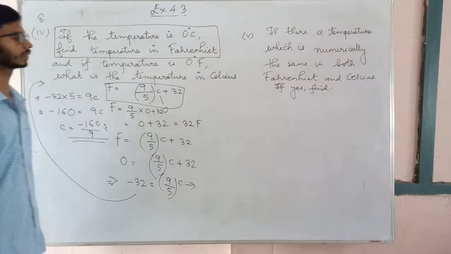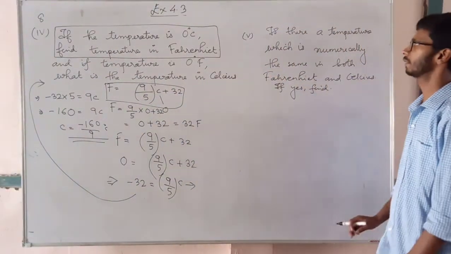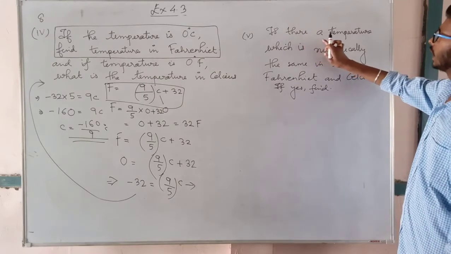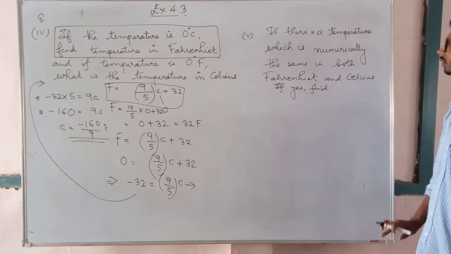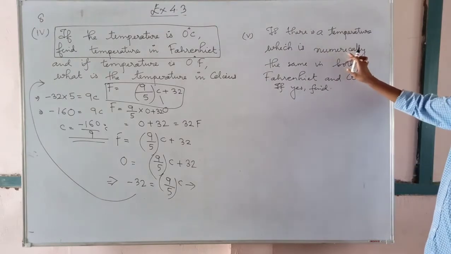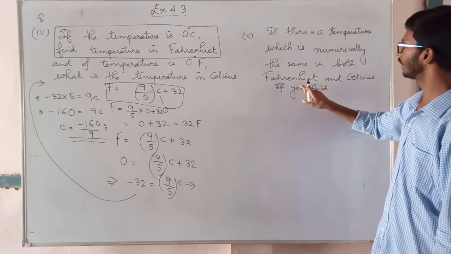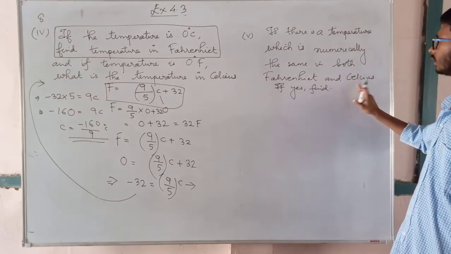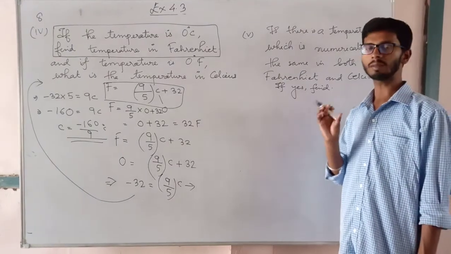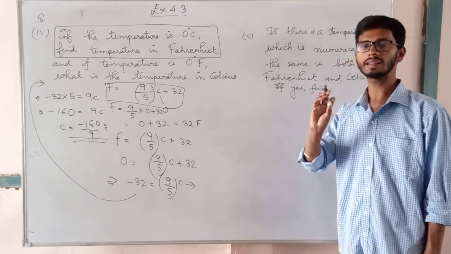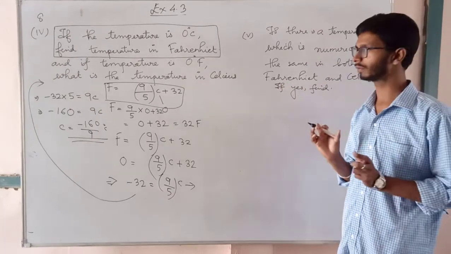Okay. Let us see the last question of question number 8. If there is a temperature which is numerically the same in both Fahrenheit and Celsius, the question asked is, is there any temperature whose Celsius as well as Fahrenheit values both are same?